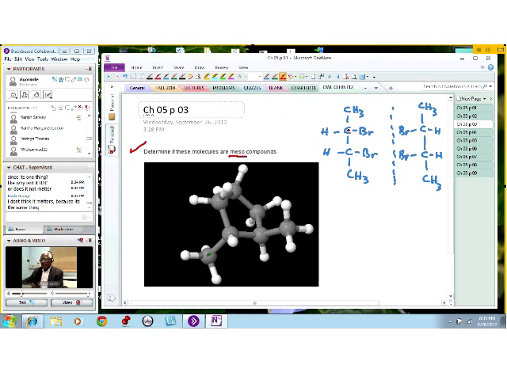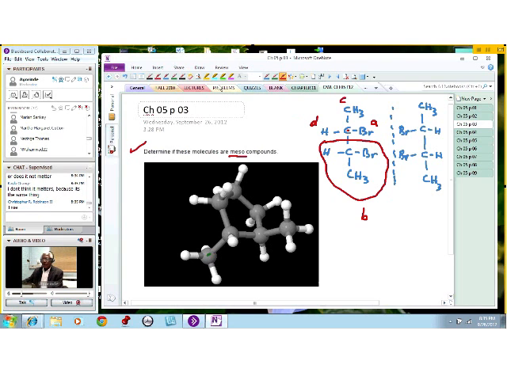Let us focus on this carbon here. This is priority A. For that carbon, this group is priority B. And this is priority C, and of course hydrogen is priority D for that carbon.